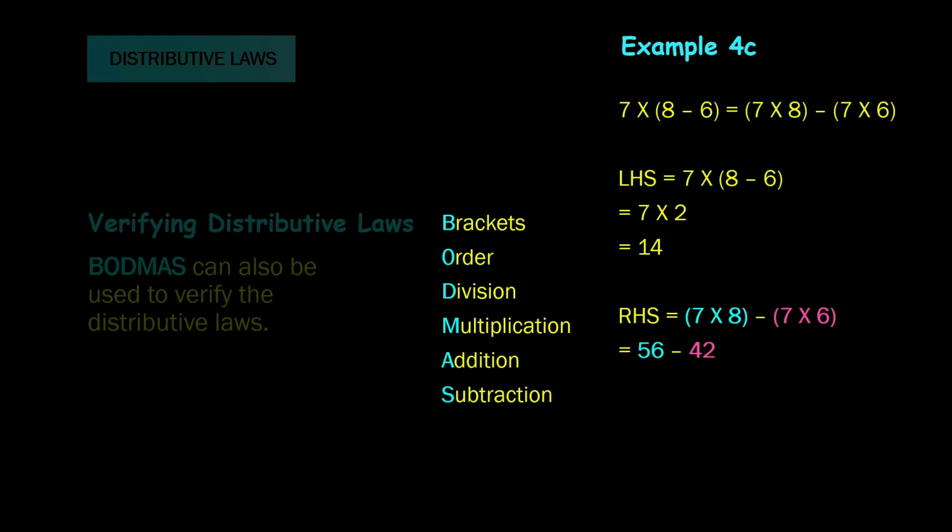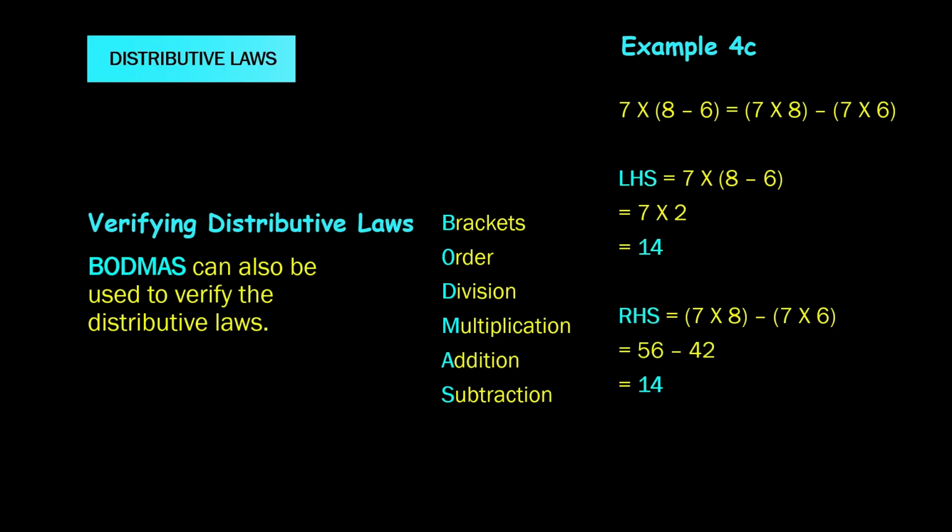In each of the brackets we only have multiplication. So 7 times 8 is 56 and 7 times 6 is 42. And now let's consider the last step. There is only subtraction left, 56 minus 42. And this of course is equal to 14. So the left-hand side equals the right-hand side equals 14, and the third distributive law holds.